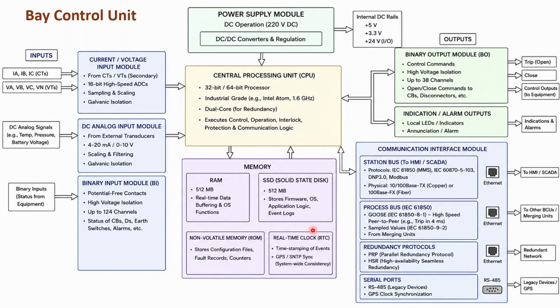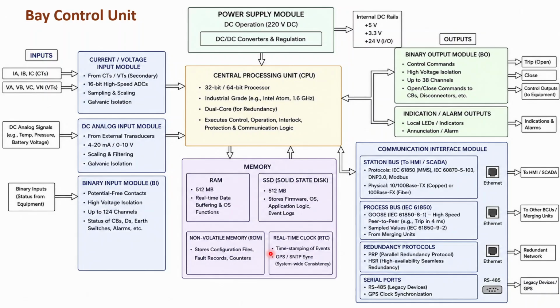And real-time clocks are basically used for time stamping of the events, right? We can also use GPS and the SNTP protocol to sync these real-time clocks with the centralized clock. So you will have system-wide consistency on the clock information, and that would be greatly helpful, especially when it comes to fault analysis.